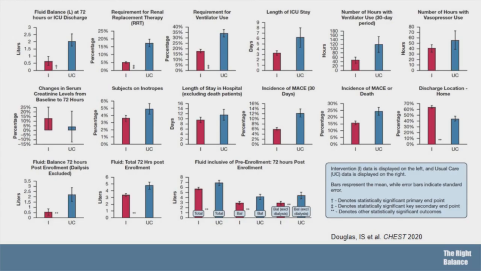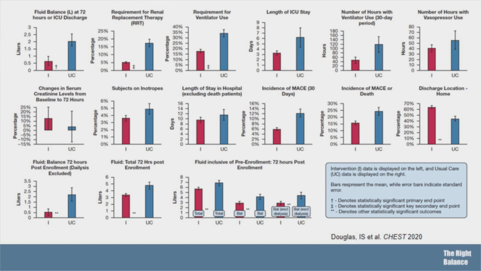But now we're going to look at something really beautiful and meaningful. Okay, so if we're looking at intervention versus usual care, you can see across the board, look at that. Need for renal replacement therapy significantly reduced with the intervention group than the usual care group because they were not volume overloaded.